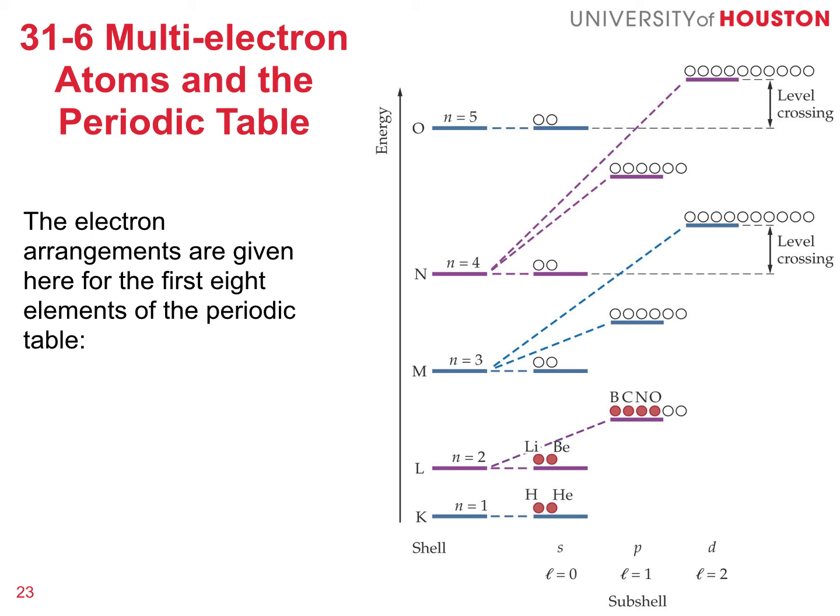For helium, we have 2 electrons, and each of these electrons will occupy the n equals 1 state with L equals 0 and ml equals 0. One of the electrons will have an ms of a half, and the other electron will have an ms of minus a half. We can then extend the same arguments for lithium and so on and so forth, and the extra electrons they have will essentially occupy states with larger quantum numbers.